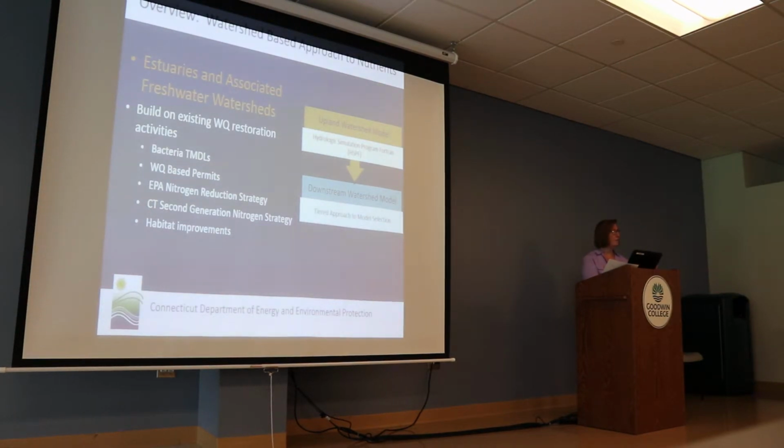For the downstream model, we're still kind of figuring that out, but our current thinking is that we'd have a tiered approach to picking the models for the embayment. We might use a more complex model for a complex watershed, like the Pawcatuck and Little Narragansett Bay, and we might use a simpler model like the EcoGem model for other embayments. So we're still kind of figuring that out.